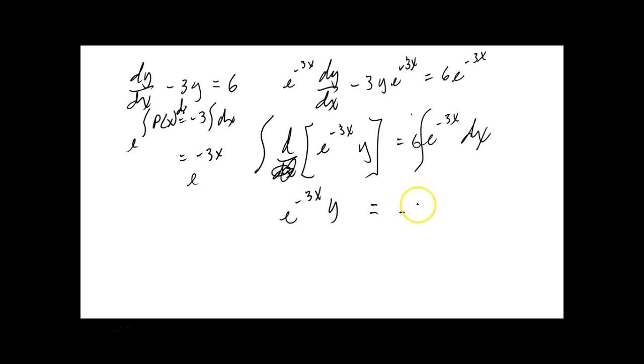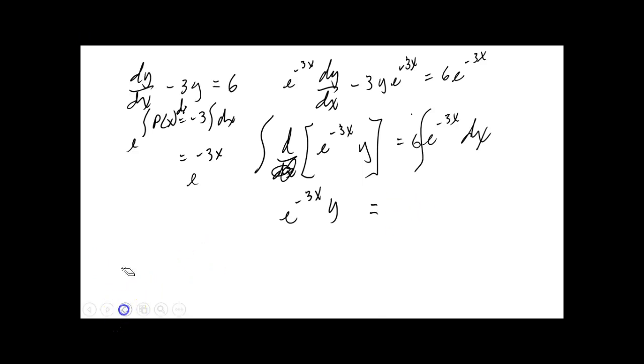Negative. Okay. We're integrating this, not differentiating. It will be negative, but the integral of an e is itself, right? Okay, I'm going to leave off the negative for now. We'll come back for it.